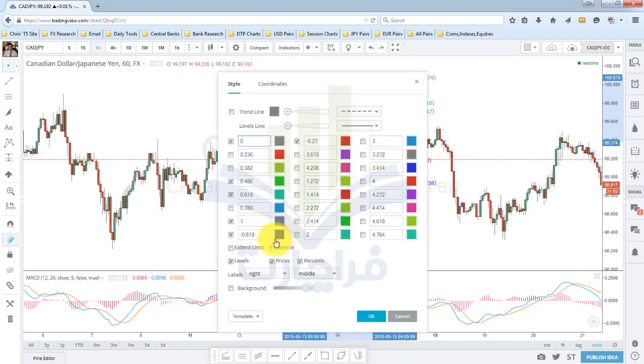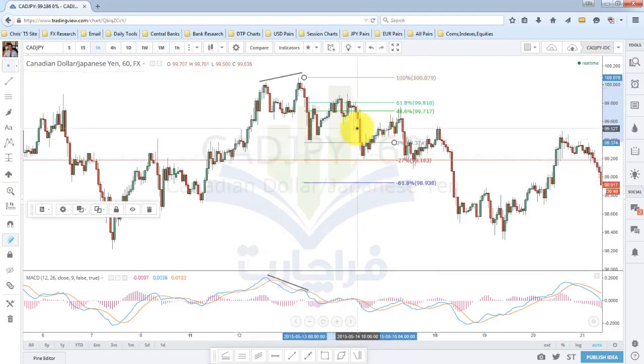So if I'm setting mine up here, you can see I have the negative numbers for the extensions, minus 0.27, minus 0.618. Here are the regular retracements, the 50, the 62. On the other side of this zero line are the extensions. They're just measuring this first leg and extending that out.